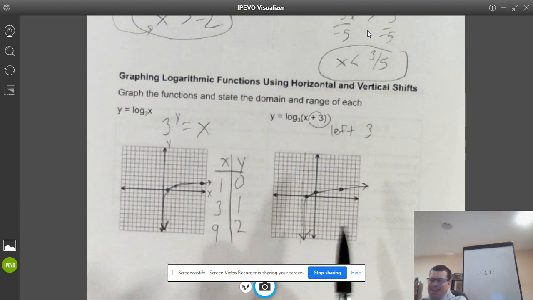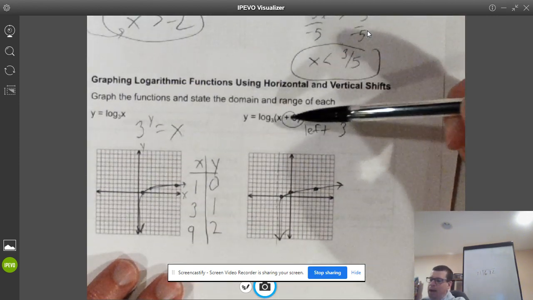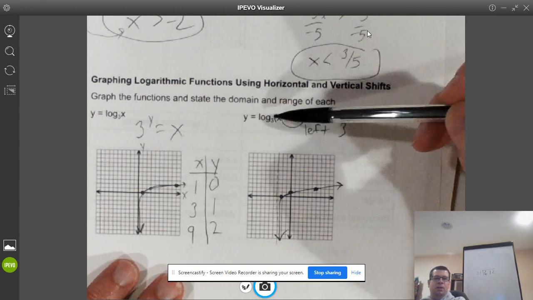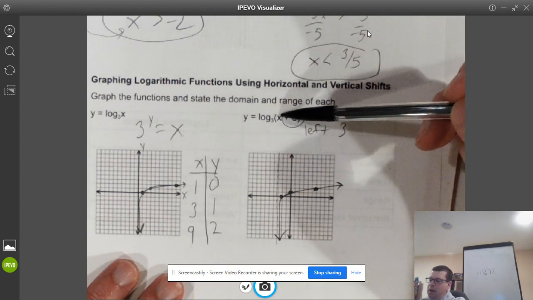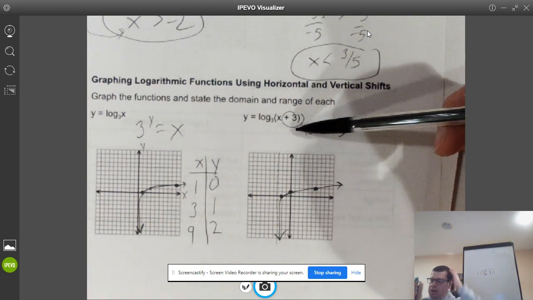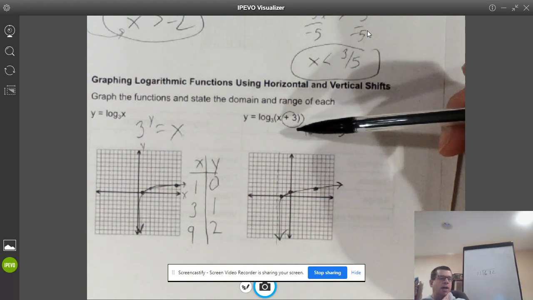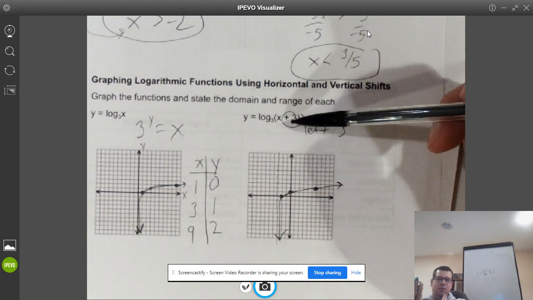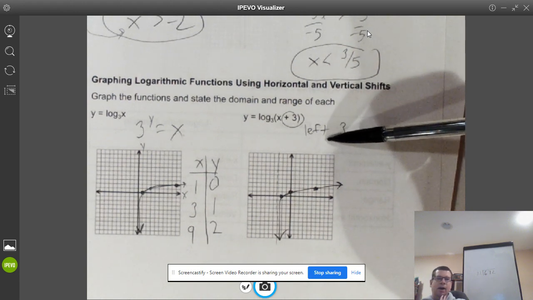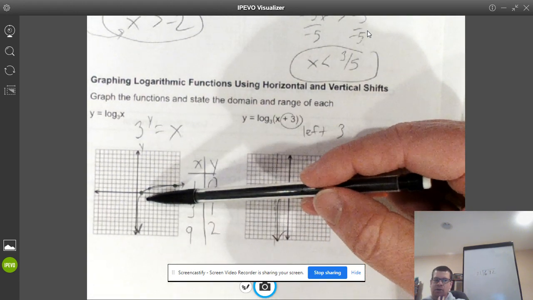And so what I did then to do y equals log base 3 of x plus 3, since it's still log base 3, but now I've got this plus 3 inside the function. We talked about before that inside the function moves this graph left and right, and it actually does the opposite of what you would think. So when I see plus 3, it's going to take this entire graph and shift it left 3.